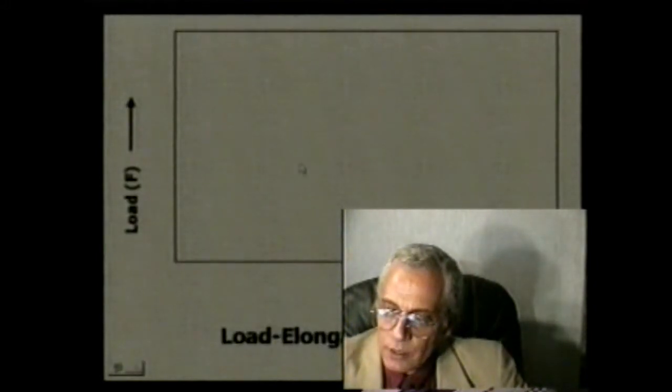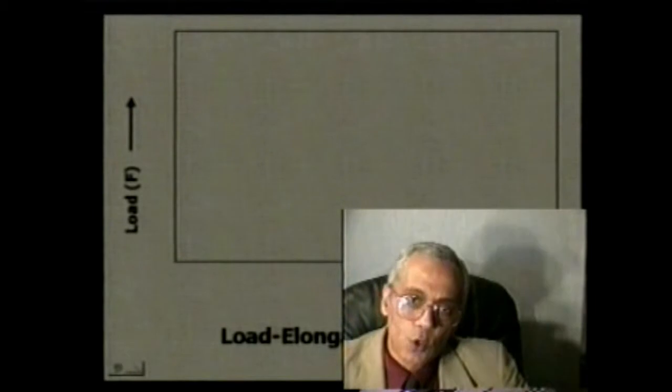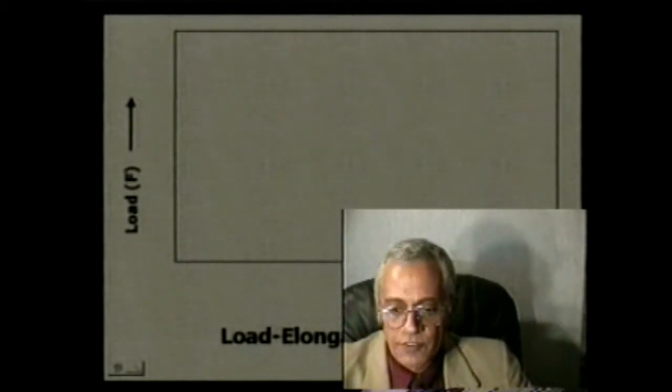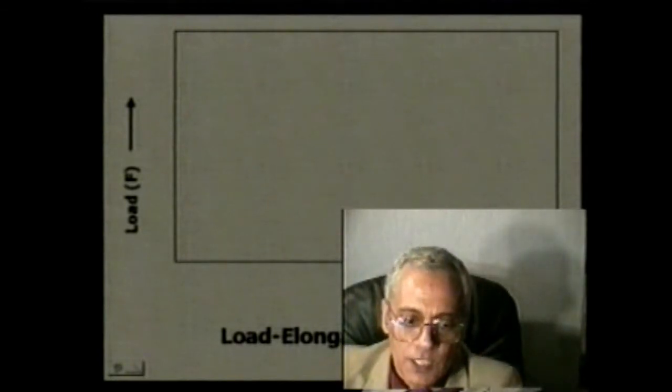Let us now take a look at the so-called load elongation curve, the curve that describes the phenomena. Now, typically speaking, we have the vertical axis representing the load and the horizontal axis representing the elongation, or the increase in length of the sample.